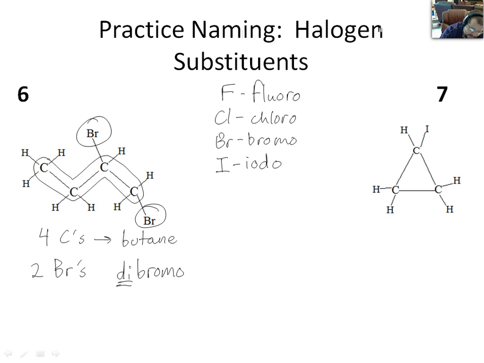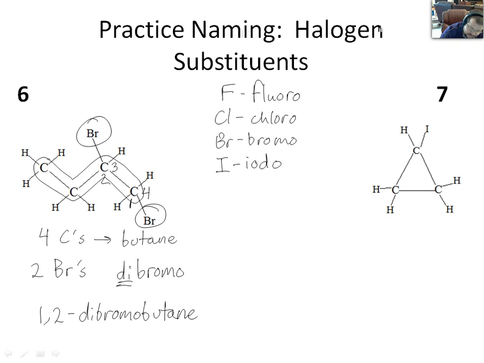And if we number left to right, I'd get 3, 4 for the positions of my bromos. If I number from right to left, I would get 1, 2. So we're going to go with 1, 2, dibromobutane.